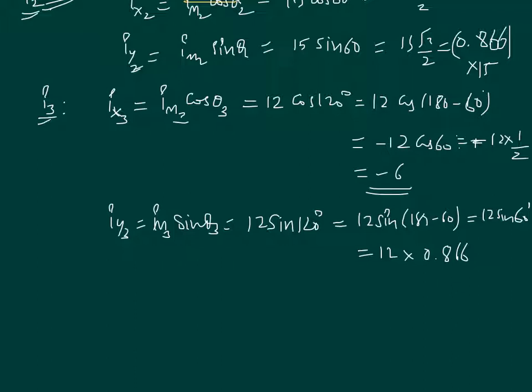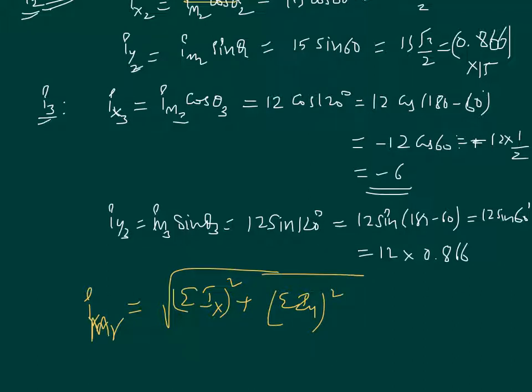So now I am summing up to get the value of resultant current. We know that IR, that means maximum value of resultant current, IMR equal to square root of sum of Ix whole square plus sum of Iy whole square. So for this I need sum of Ix currents, that is 20 plus 7.5 minus 6, that equal to 21.5.